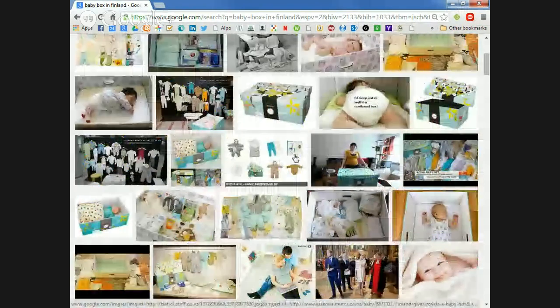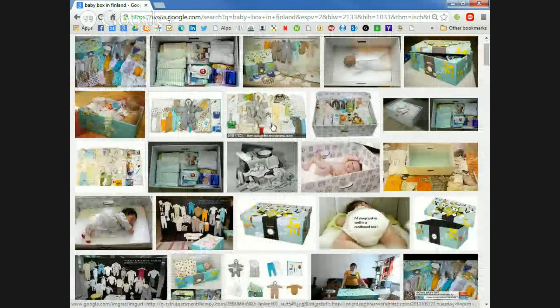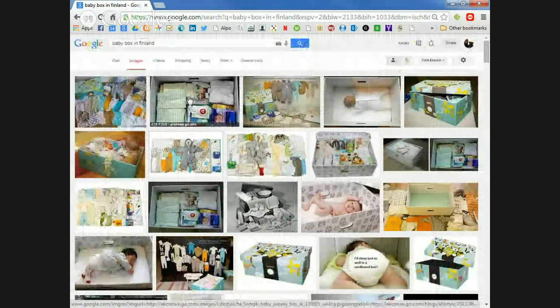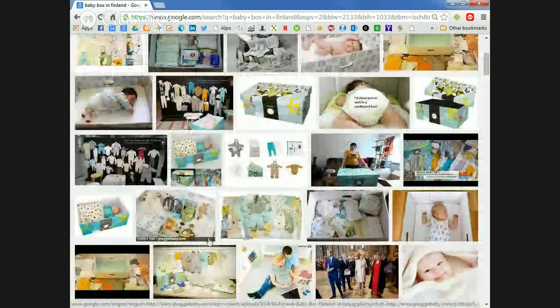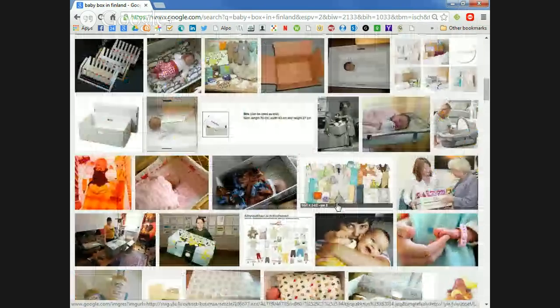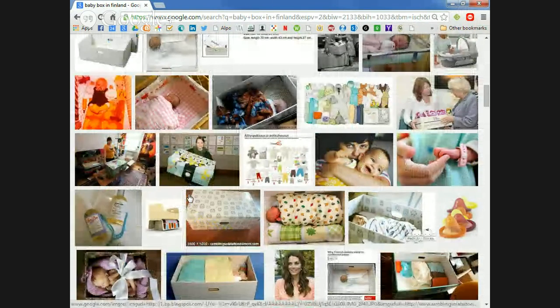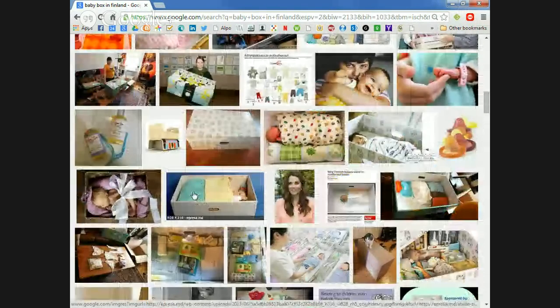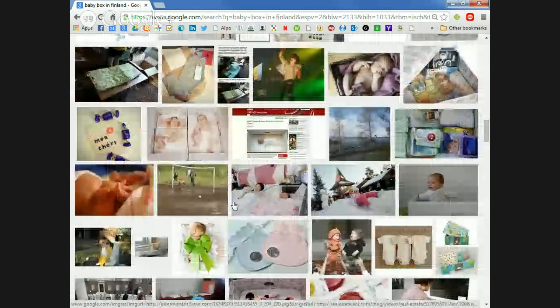Usually for the first or second child, or if they have a child and then 10 years later a second child, they'll take the box, and it has all kinds of different things in it. One thing, which I think is quite funny, is condoms. Regardless of your socioeconomic situation, every Finnish family can get a baby box.